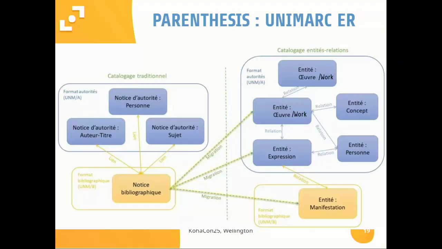So you see that it's a different choice. Maybe the choice we made to import the instance or the work as a bibliographic record for BIBFRAME, maybe it's not a good choice. I don't know.